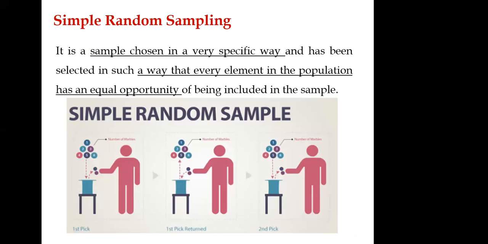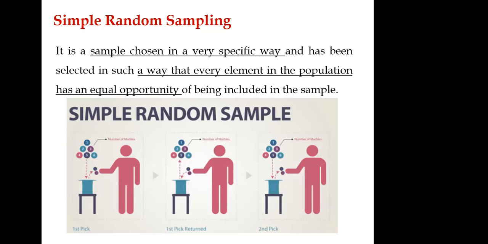For example, we assume I need to select 10 students from this group. Without any favouritism, I can select some of the students from this group and say these are my sample. So if you go for research and select the observations without any favouritism, we call it the simple random sampling method.